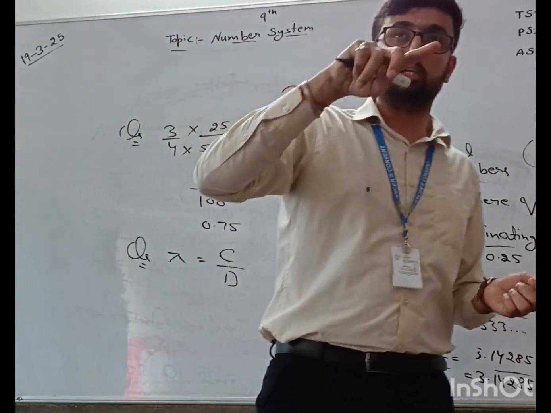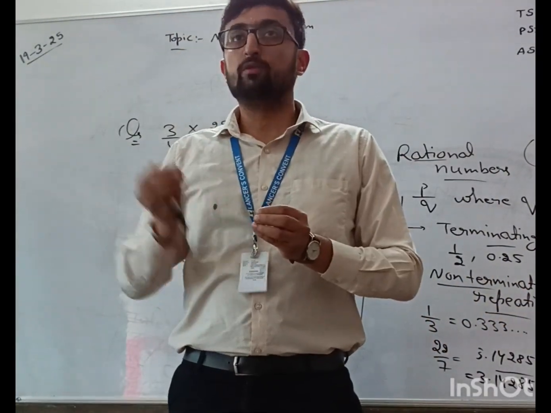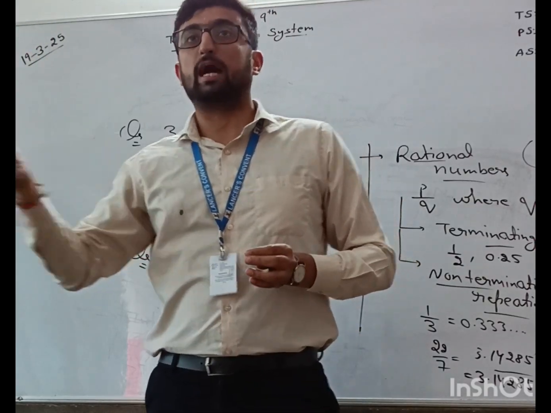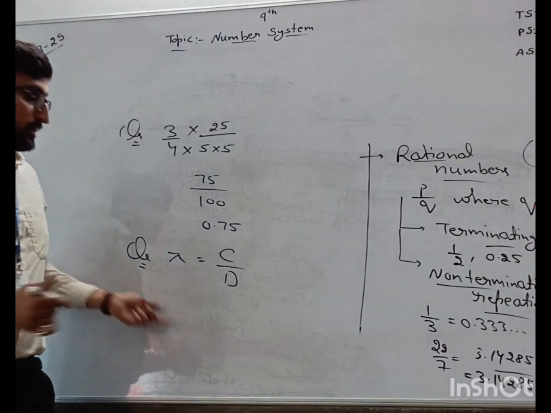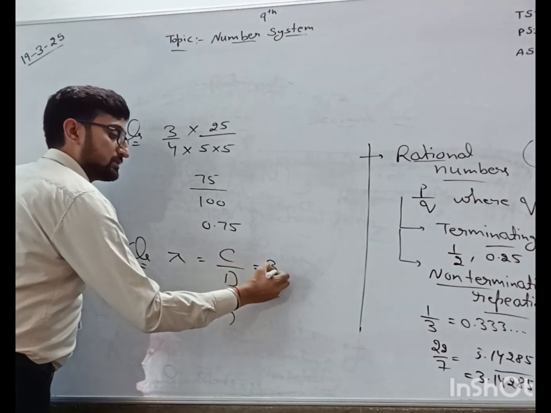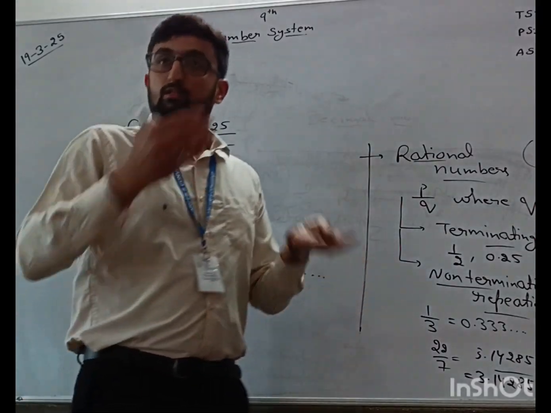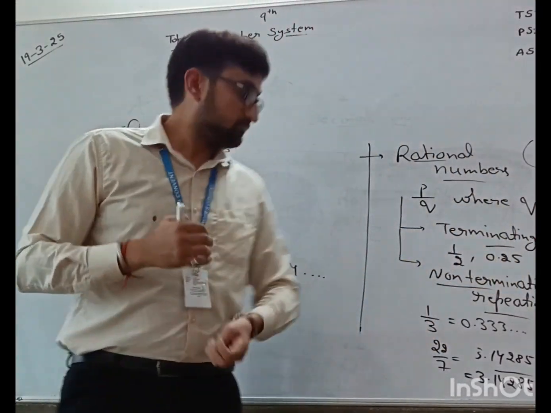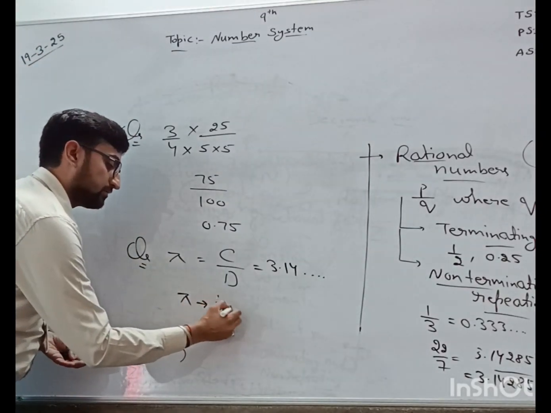And we can continue this process with any circle in our world. Pick up any circle, try to find the ratio between circumference and diameter. You will always get the same constant, which is pi. And the value of pi is 3.14... The dots represent that this number is neither terminating nor repeating. So this means pi is an irrational number.